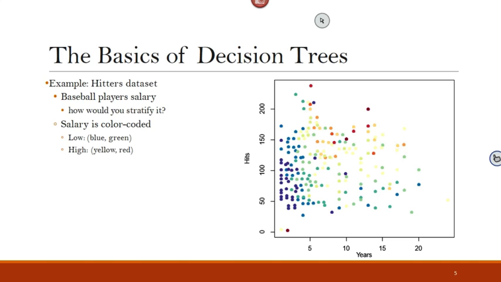You can make this split, just one at a time, to separate low from high. Okay, so what do you guys think? Where would I draw this line to split the observations that I have in here for those players, to segment between low and high?